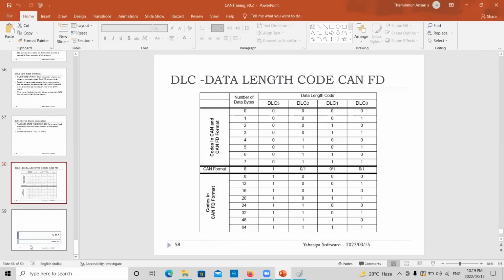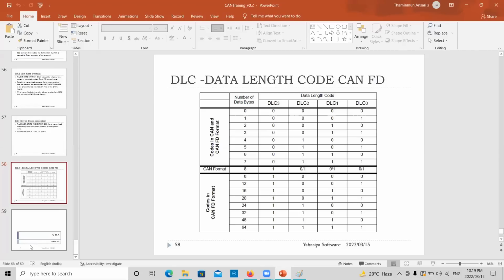To represent 64 we would need at least 7 bits, because 64 is 1100100: 4 bits for the 4 and 3 bits for the 6. Totally 7 bits you need. But they don't go for 7 bits for the DLC. Instead, they handle it with 4 bits only.